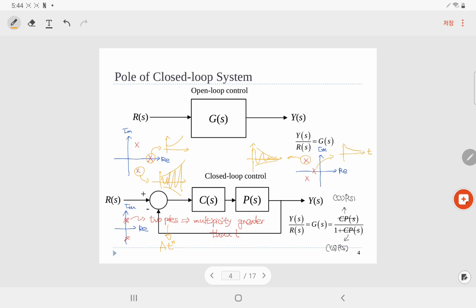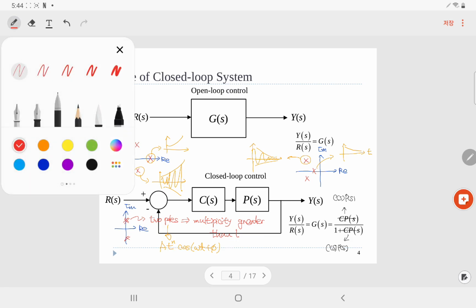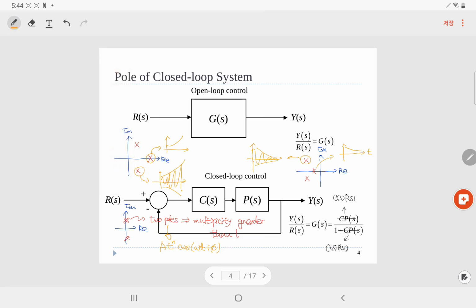The natural response produced by these poles will take the form like this. As you can see here, this time response will approach infinity as time t approaches infinity. So this is also a case of unstable.